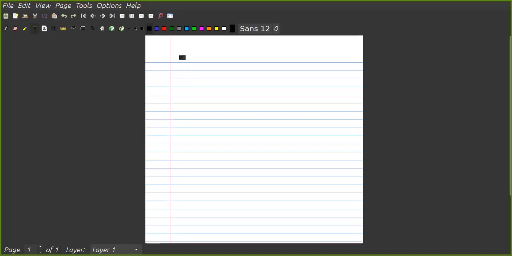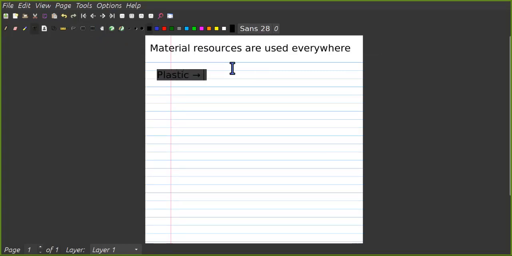We have material resources are used everywhere. Okay. We use them, for example, plastic comes from oil.